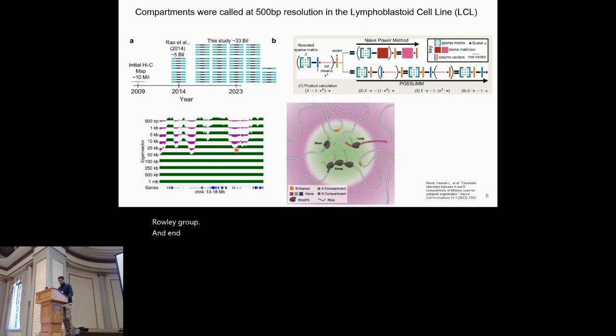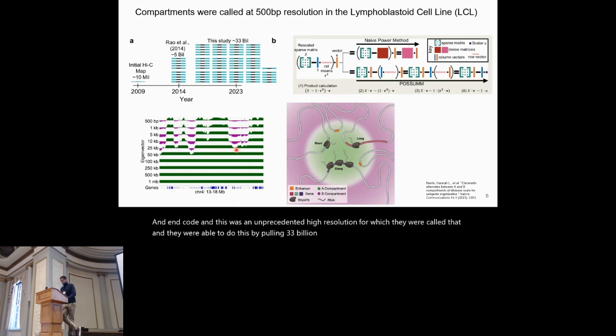And this was unprecedentedly high resolution. They were able to do this by pooling 33 billion read pairs from various experiments. And using this massive amount of data, they were then able to call AB compartments at sub-KB resolution using this algorithm called POSSUM, which essentially is able to compute the first and second eigenvector of a very sparse and large matrix.